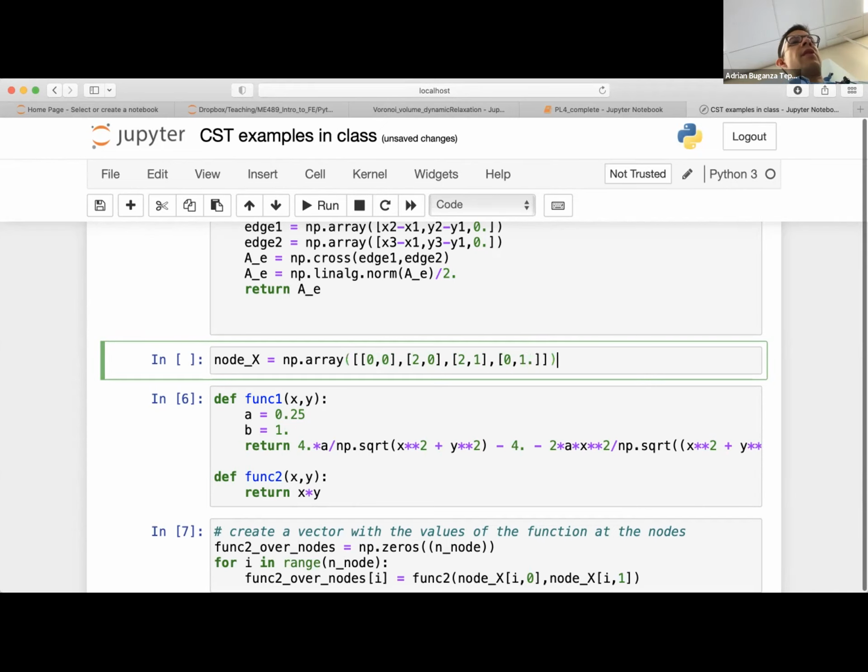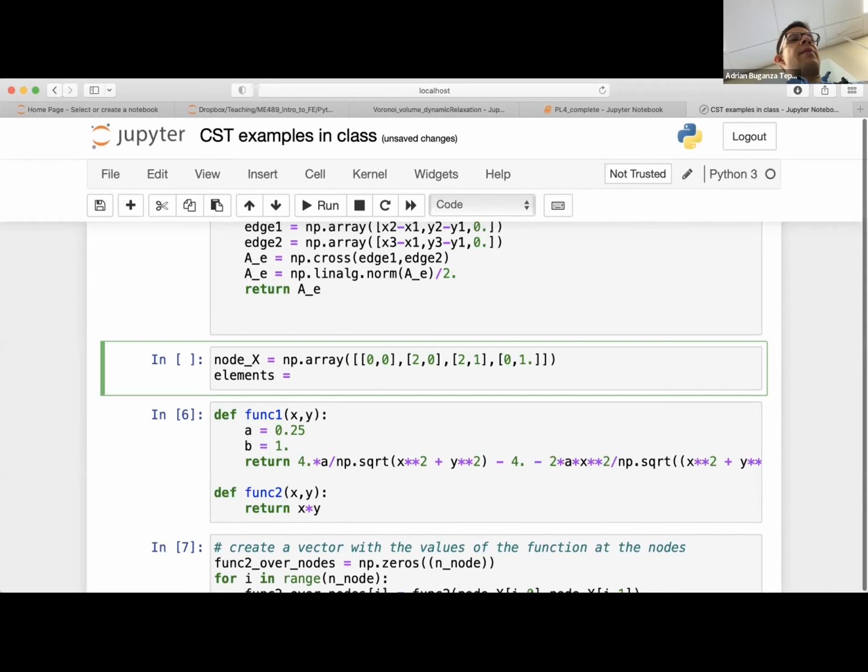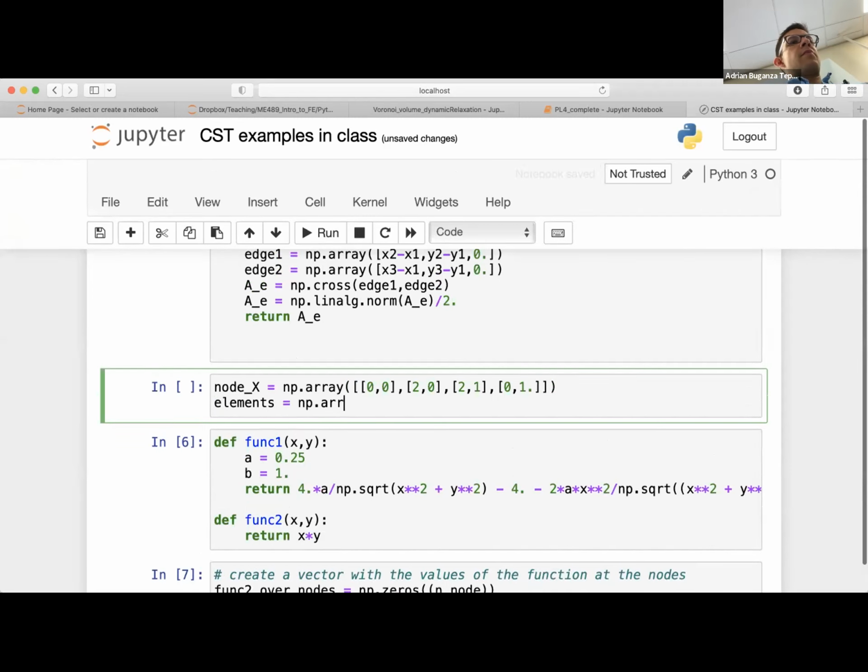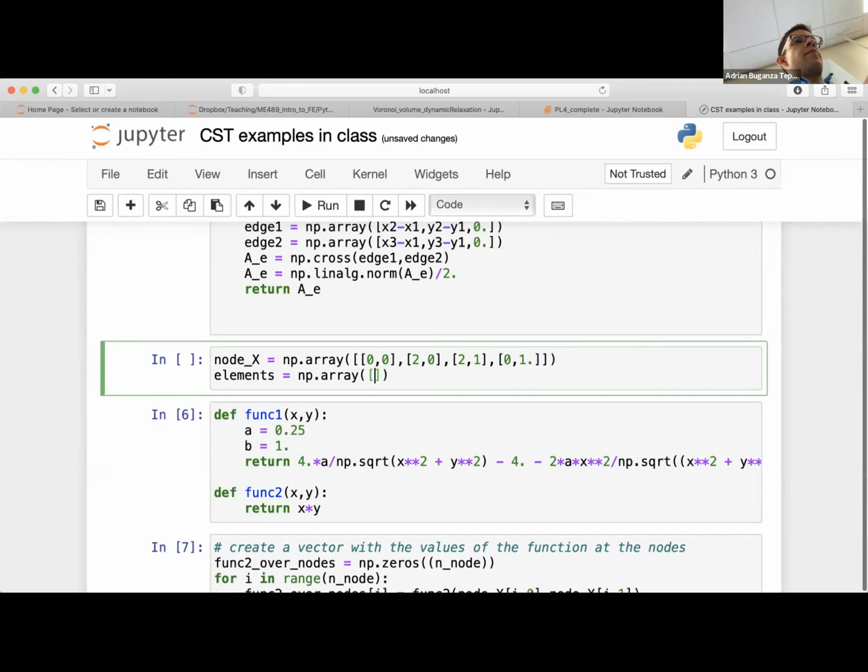Okay, so these are all the nodal coordinates, and then the elements are 1, 2, 4, 2, 3, 4, but I'll change the numbering, so 1, 2, 4.